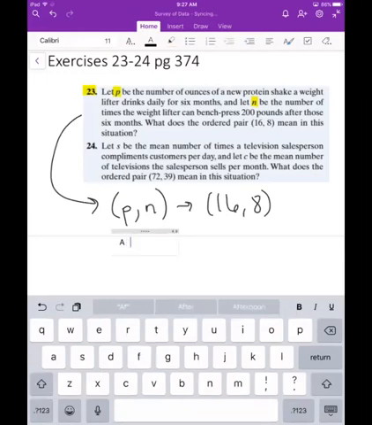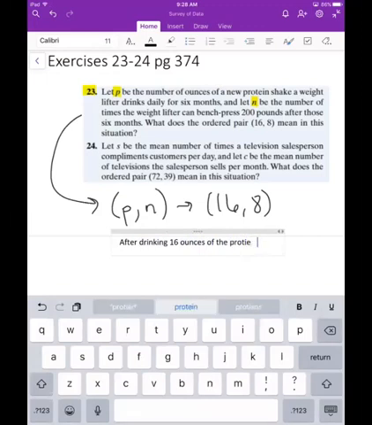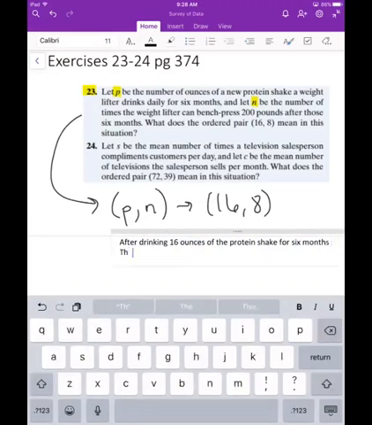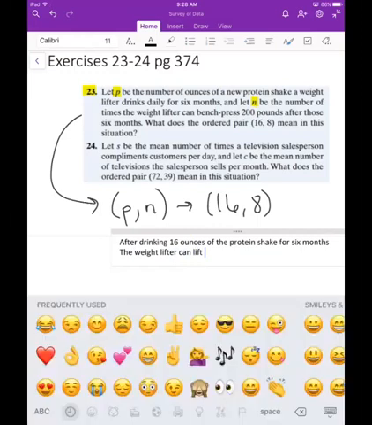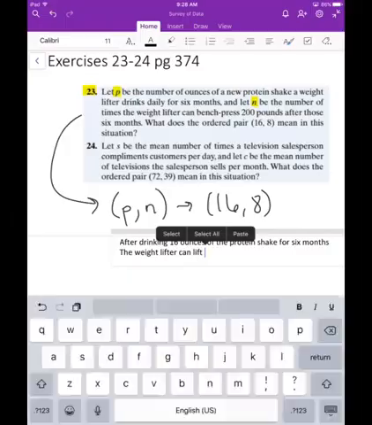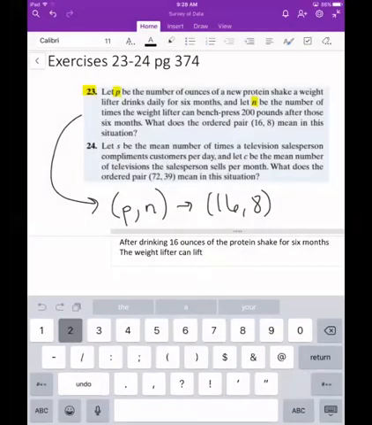So what we're saying is that after drinking 16, and the unit is ounces, of the protein shake for 6 months, then we see that the weightlifter can lift 200 pounds 8 times, right?